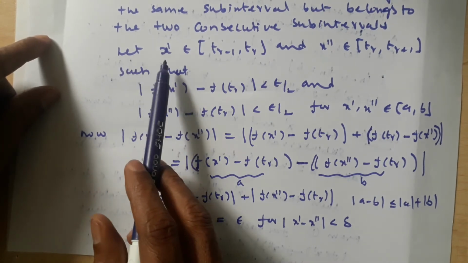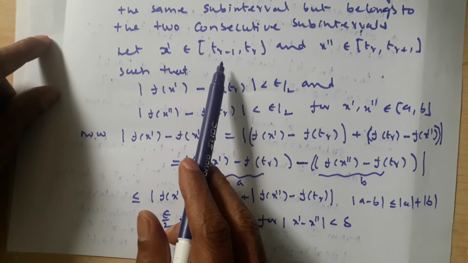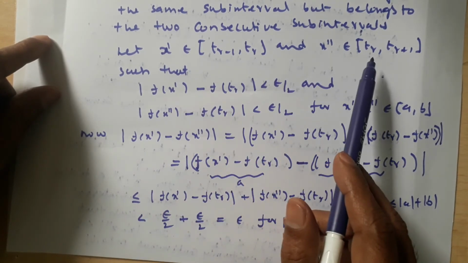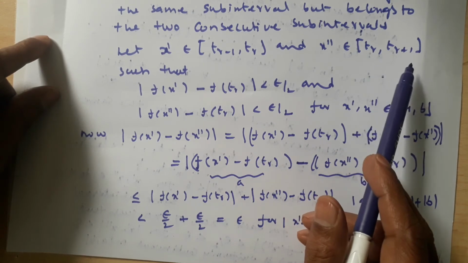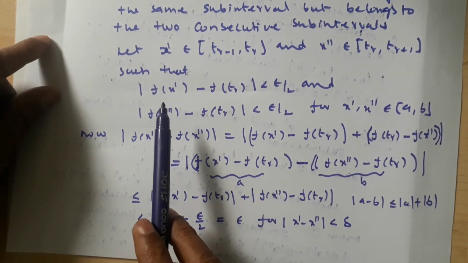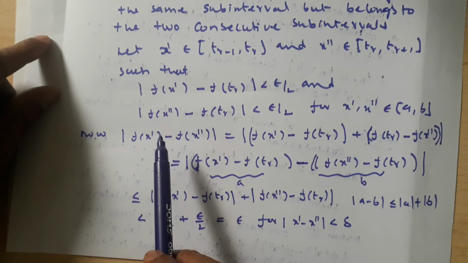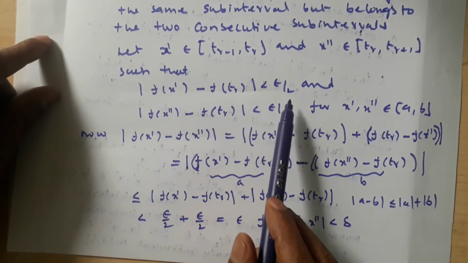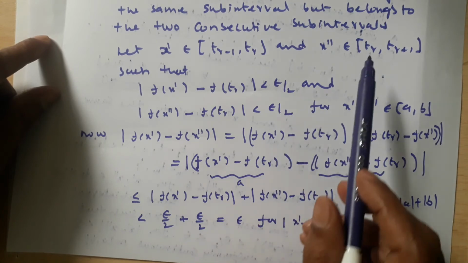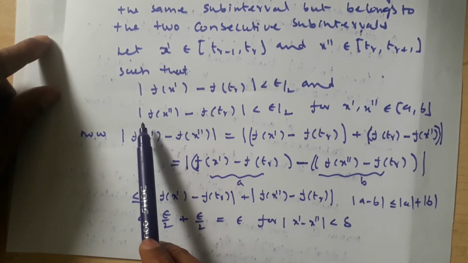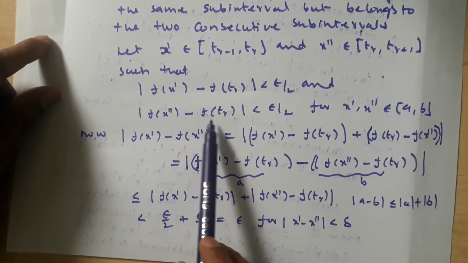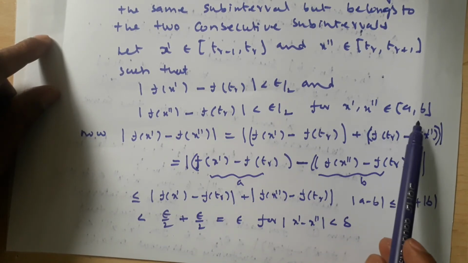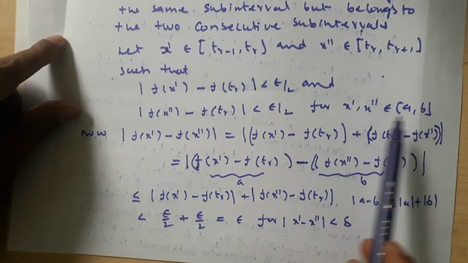For that, let x' belong to one of the subintervals, the closed interval [t_{r-1}, t_r], and x'' belong to the closed interval [t_r, t_{r+1}], such that |f(x') - f(t_r)| is less than epsilon/2. And for the second subinterval, |f(x'') - f(t_r)| is less than epsilon/2, for x', x'' belonging to the closed interval [a, b].